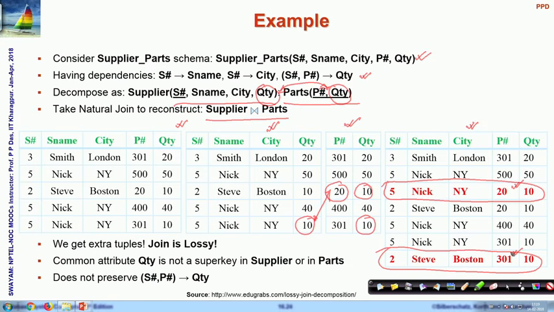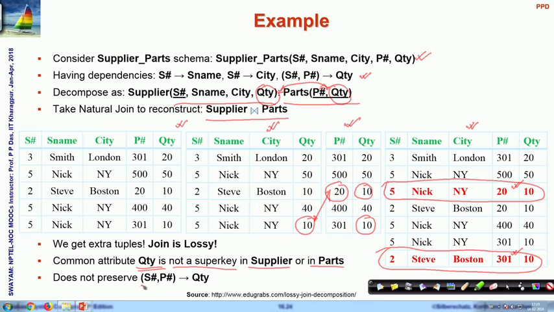Even though we have more tuples, we say that this is a lossy join, and you can now go back and analyze that the common attribute Qty is not a super key either in this or in this. So, R1 intersection R2 implying R1 or implying R2 does not hold. In addition, it also does not preserve this functional dependency, because these are no more determined.